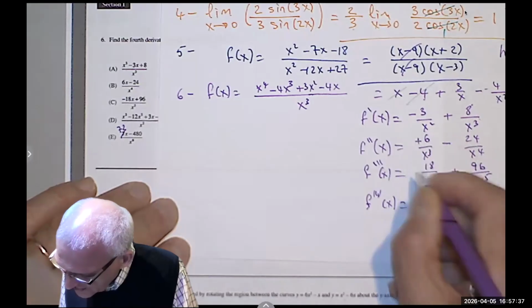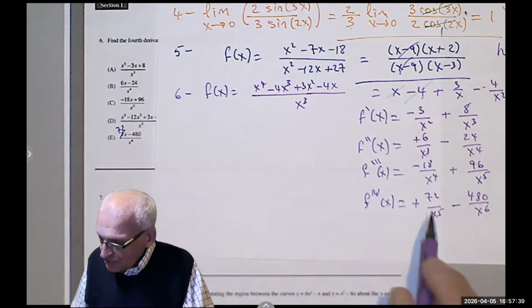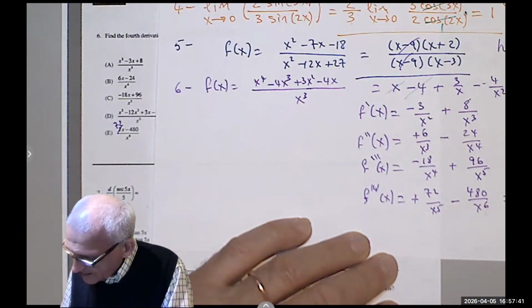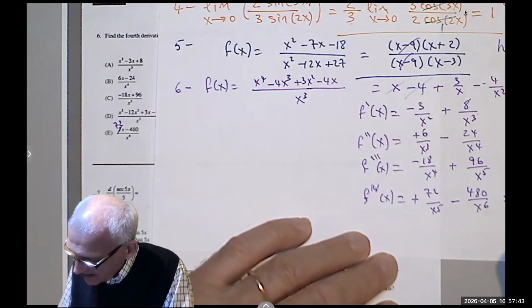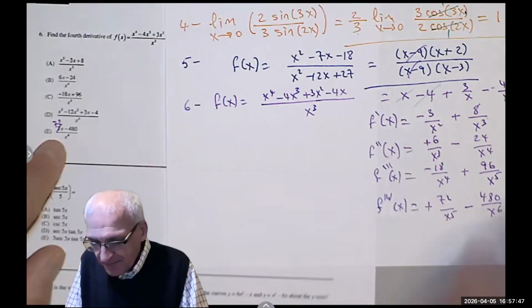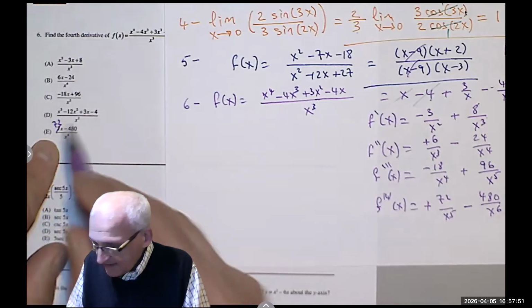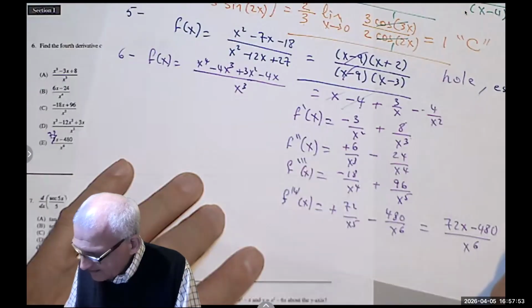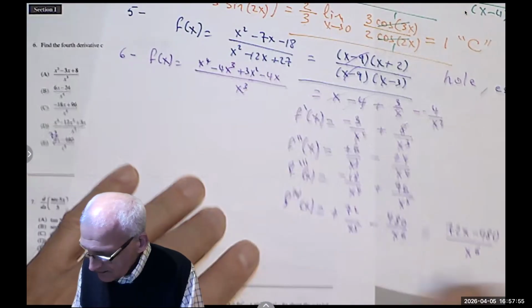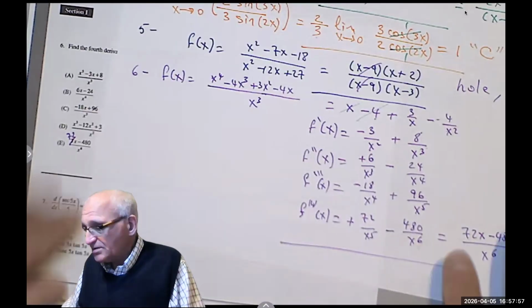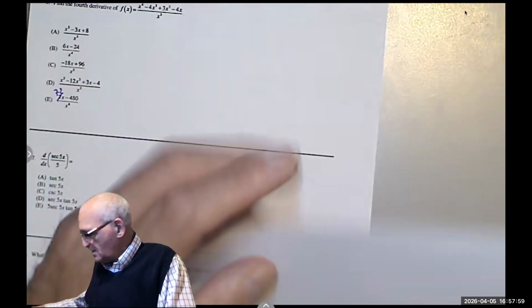This was positive, this was negative, this was positive. So when you take a common denominator of x to the 6, that would be 72x minus 480. It is e, but they wrote it 7x, unfortunately. So we have to correct that, and that's e. That's why I said it couldn't be an official test.